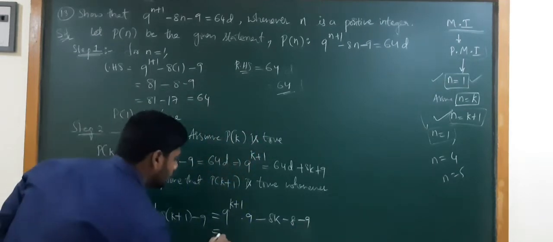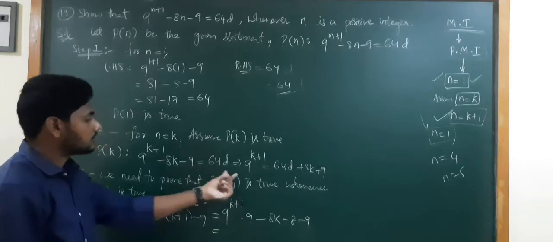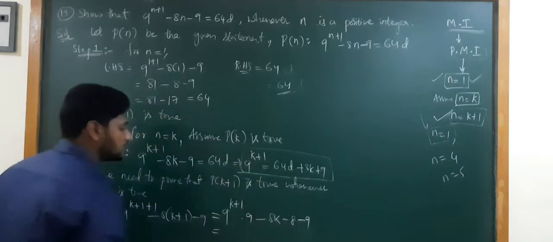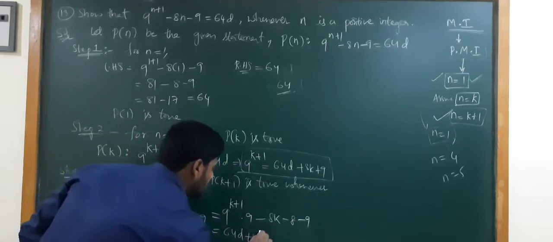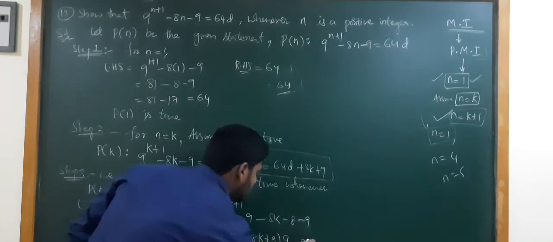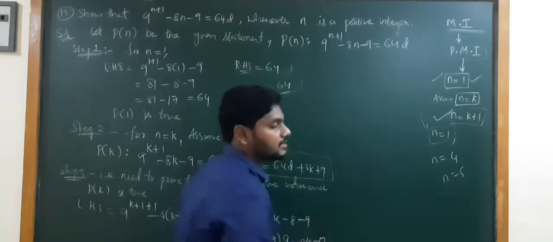So this will be equal to 9 to the power of k plus 1, which according to this is 64d plus 8k plus 9, into 9, minus 8k minus 8 minus 9, which is minus 17.